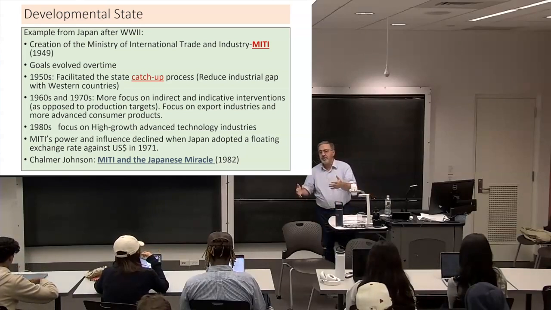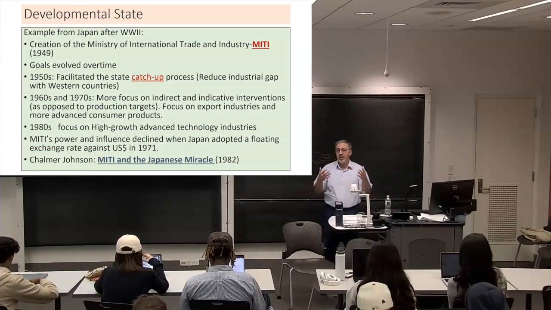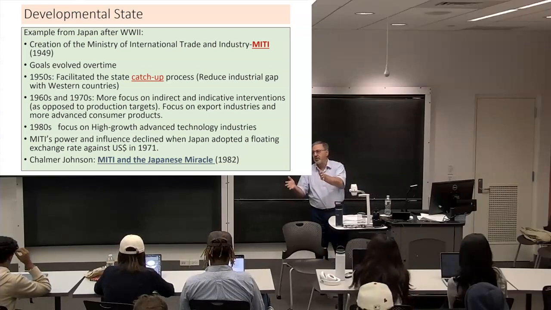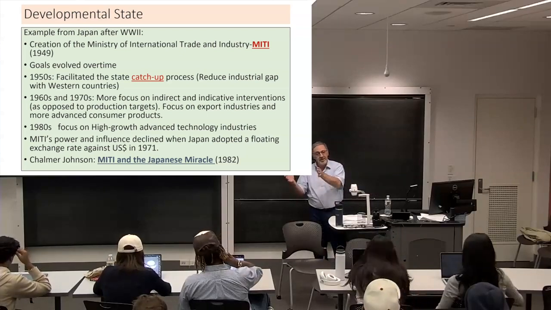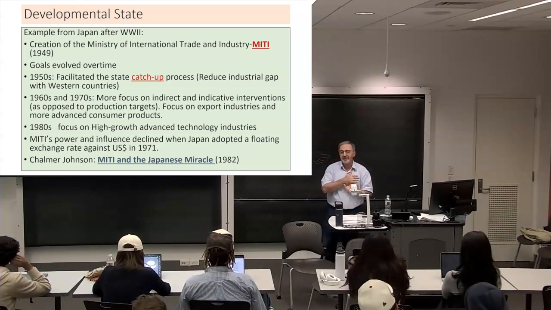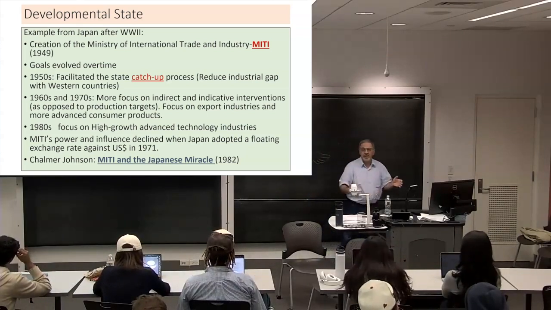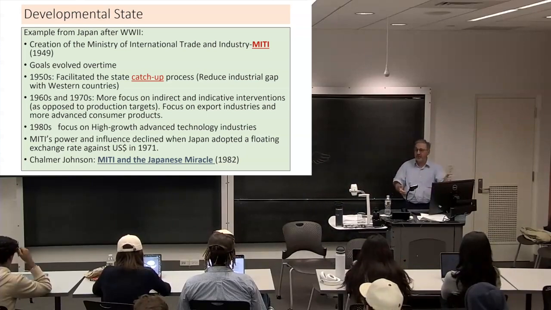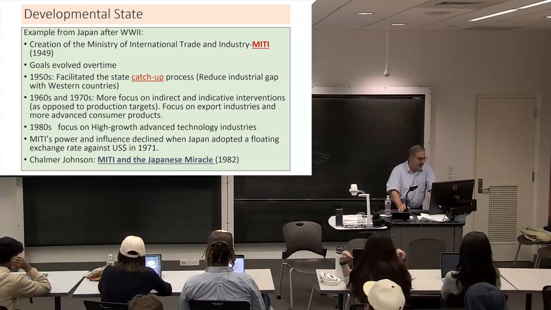As the labor force became more specialized and more educated, the Japanese government would abandon the production of certain products and say it's time to move to more advanced products. That transition, again, was done with the leadership of government as a developmental state.